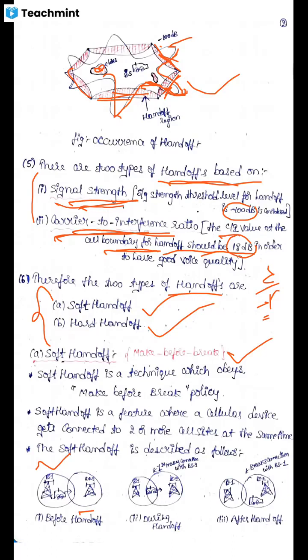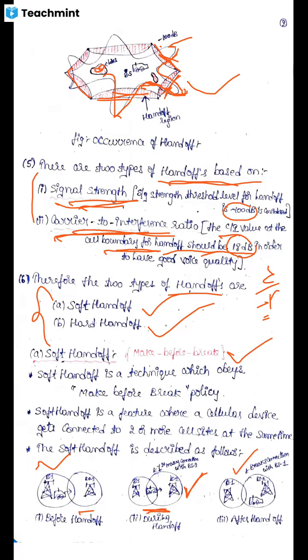When it is at the boundary of base station 1 and base station 2, what will this mobile unit do? This mobile unit first makes a connection with base station 2. After making the connection with base station 2, it then breaks the connection with base station 1.